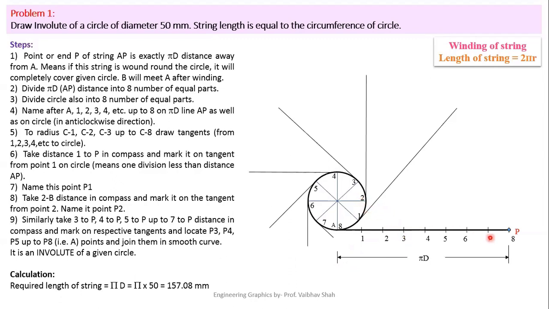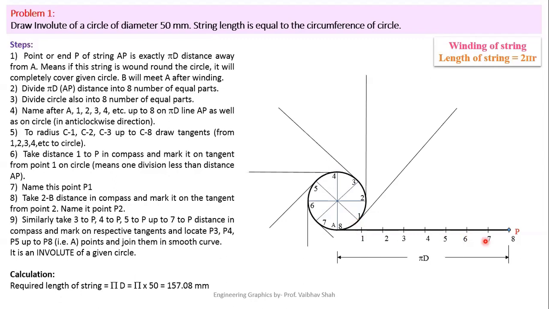So let us understand: when I hold this point P and rotate in the anti-clockwise direction, the portion from A to 1 will wind around this circle like this. This portion will now be in contact with the circle, and it will be completely wound around this circle.